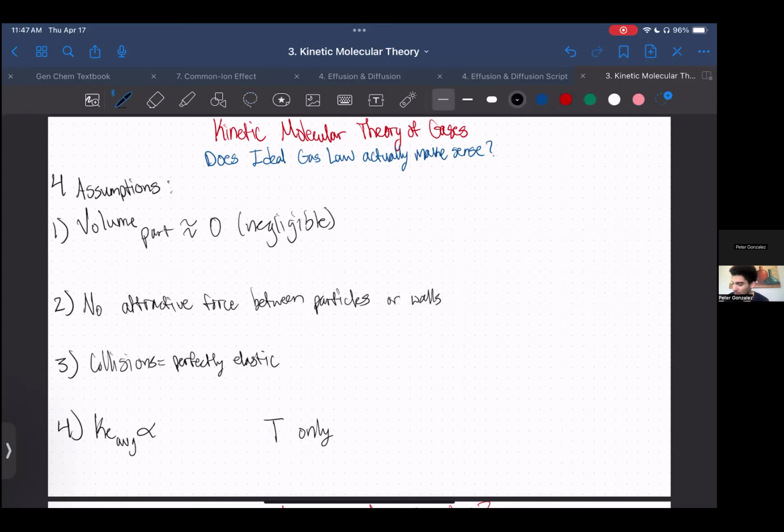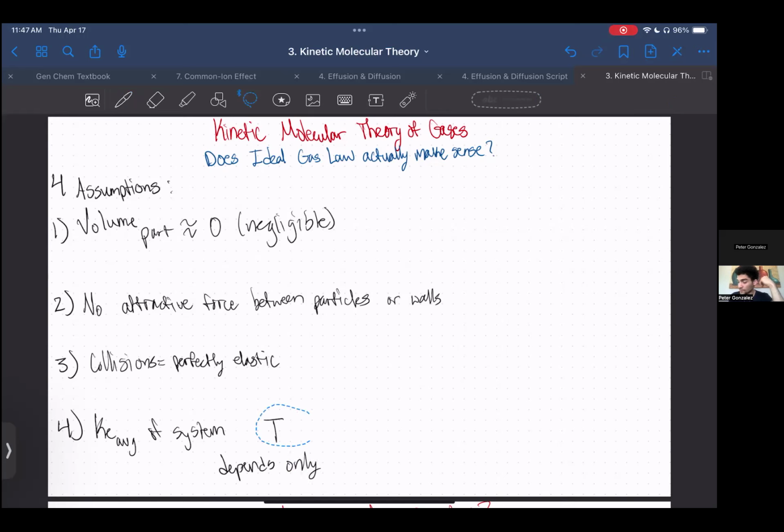I'm sorry about this. The last assumption of kinetic molecular theory that's really important to know is that the average kinetic energy of the system depends only on temperature.